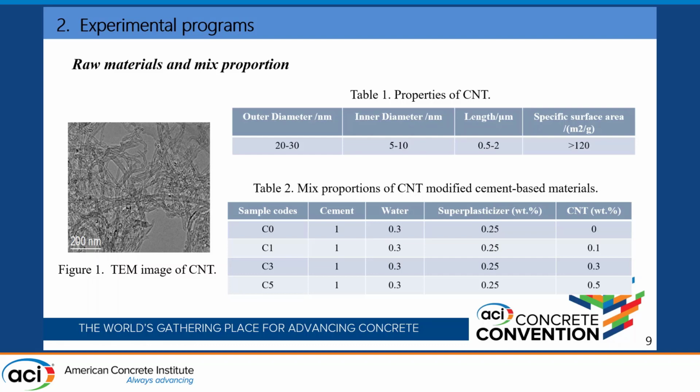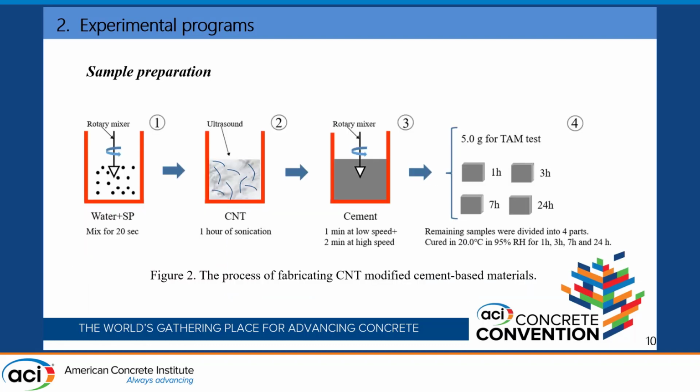And as I had mentioned earlier, the dispersion process is very important. So as shown here, we start with the water, with the superplasticizer, and then with CNT, and then it's ultrasonicated. In this case, she did it for an hour. For that particular energy, we had realized that 1 hour is just about ideal.